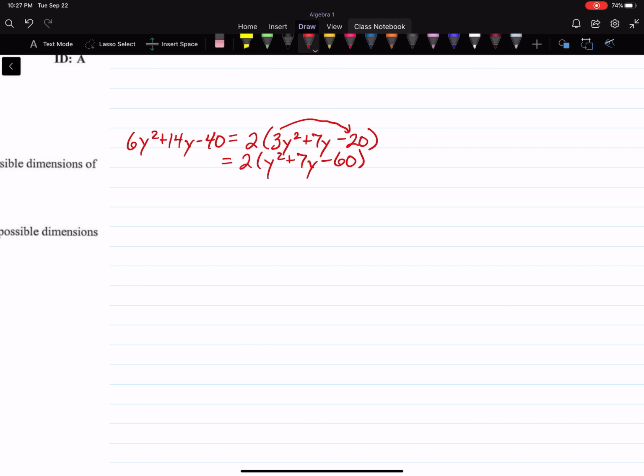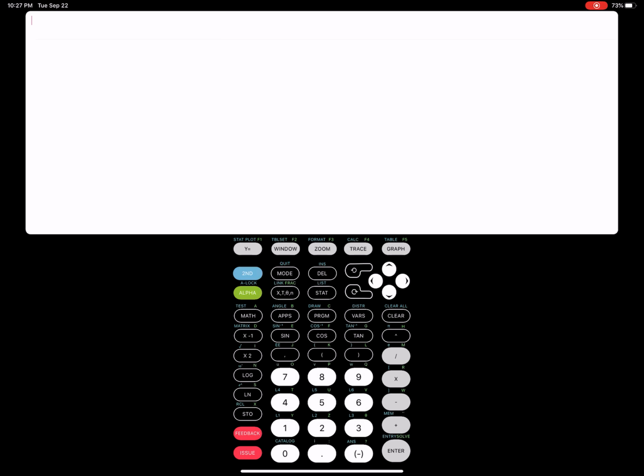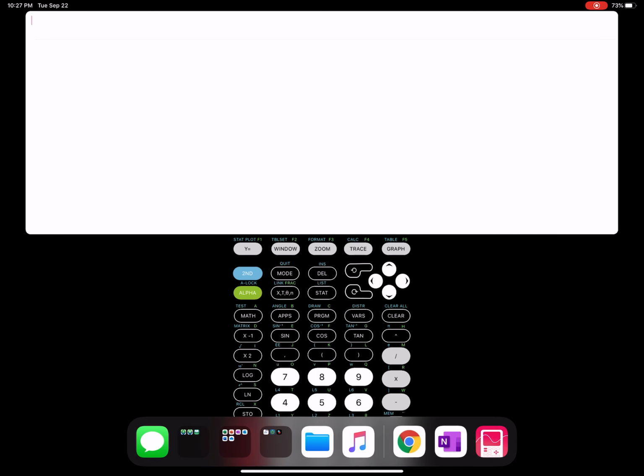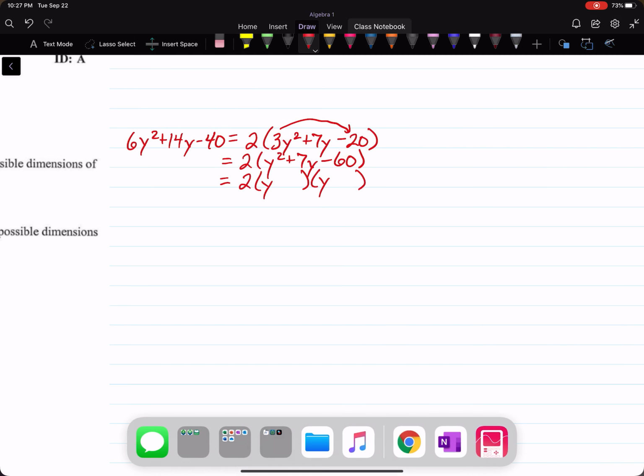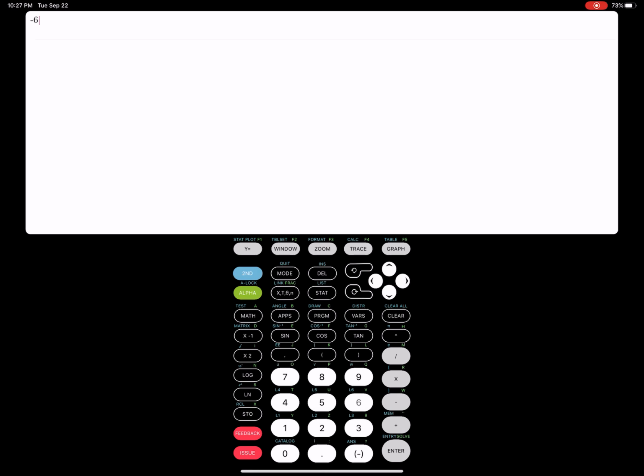What numbers multiply to be negative 60 and add up to 7? So let's think here. So I'm going to actually grab my calculator so you can actually see me thinking. Okay, so I'm trying to get negative 60 and add up to 7. So I'm going to take negative 60.